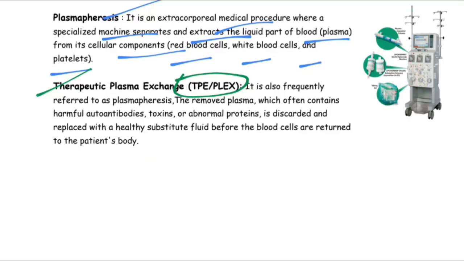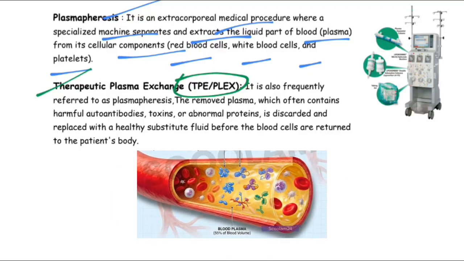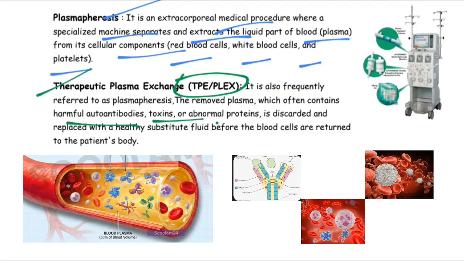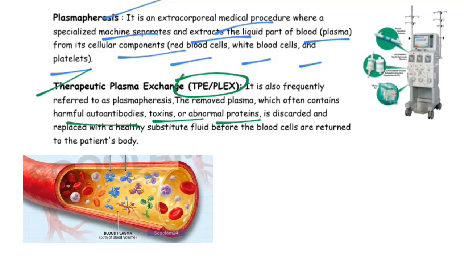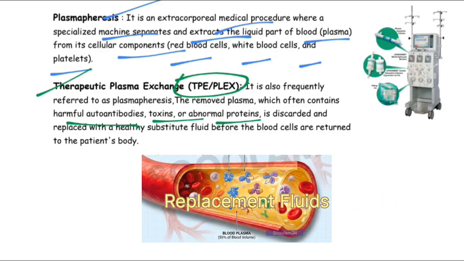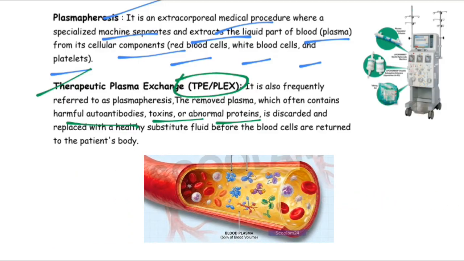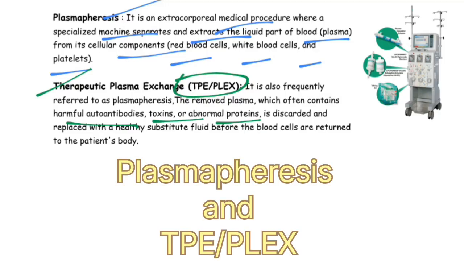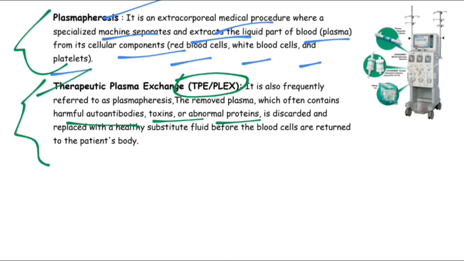But if it is done for a medical condition, like to remove harmful antibodies, toxins, abnormal proteins, and then we replace that plasma volume with replacement fluid, then it is called therapeutic plasma exchange, TPE or PLEX. So now we know what plasmapheresis is and what therapeutic plasma exchange is.